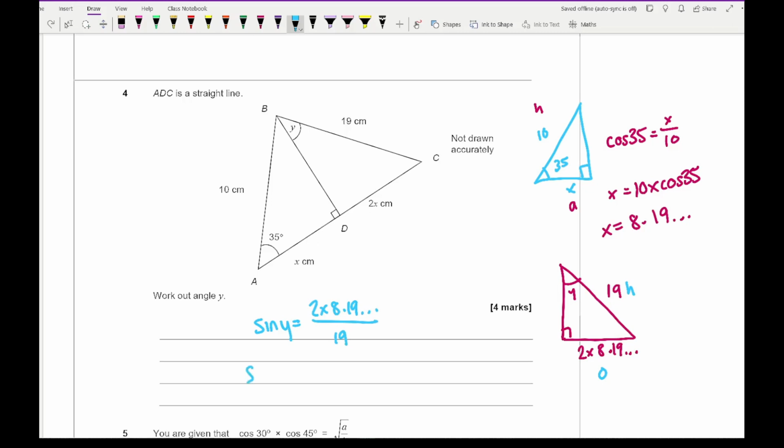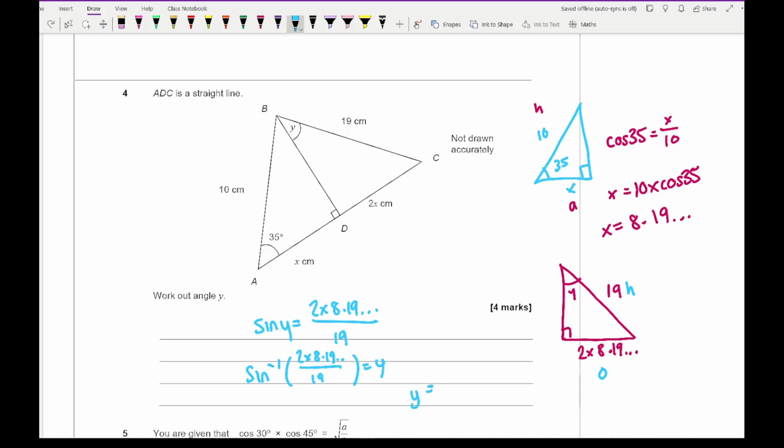And then if I do the inverse sine of that, so I'm just going to write 2 times 8.19 all divided by 19 equals y. Let's quickly type that into my calculator.